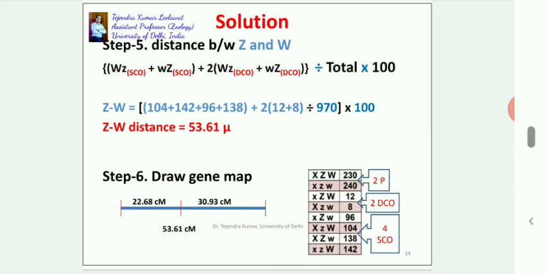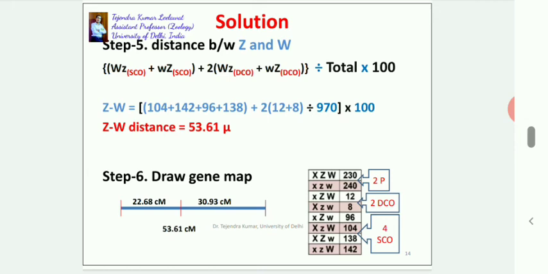Finally, divide by 970 and multiply with 100, and you will find the result, which is 53.61.